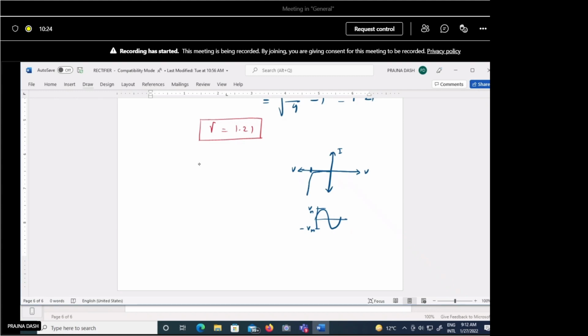So how is this peak inverse voltage determined? In the reverse bias condition of the half-wave rectifier, what is the voltage across the diode?